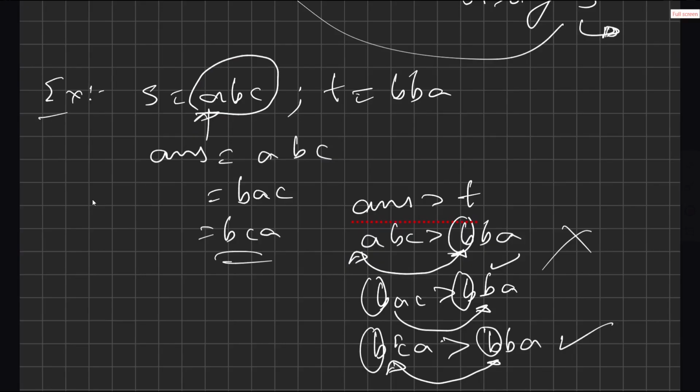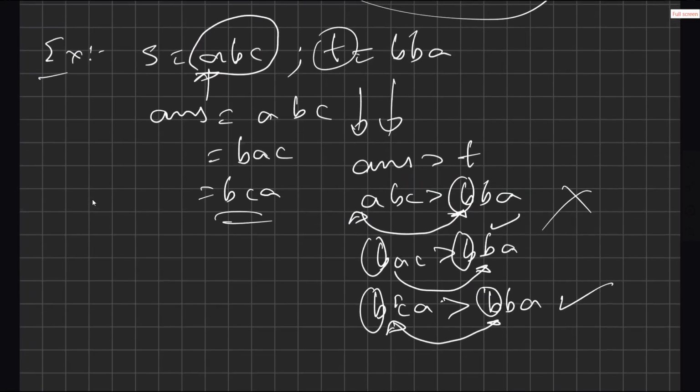I think you have understood what we need to do. Whatever string S we have, use those characters, do a permutation, and find a string which is strictly greater than the string target and is as small as possible.